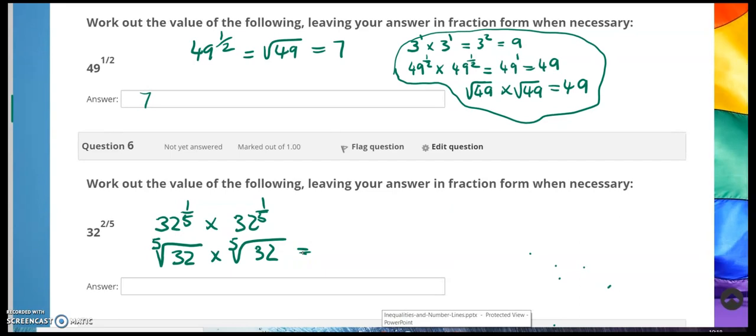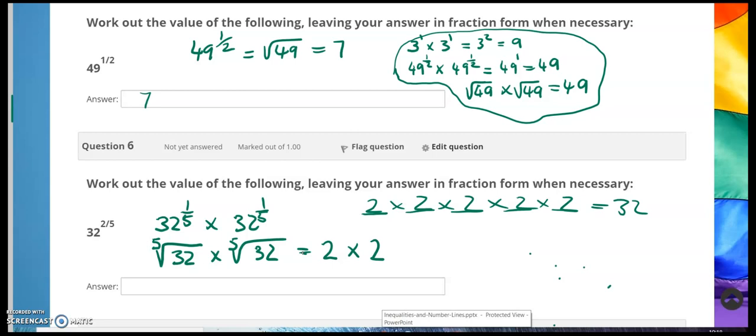The fifth root means that we've got a number which is multiplied by itself 5 times to give us an answer of 32. And that number is 2. So the fifth root of 32 is 2, times another fifth root of 32, which gives us a total of 4. And that is the answer.